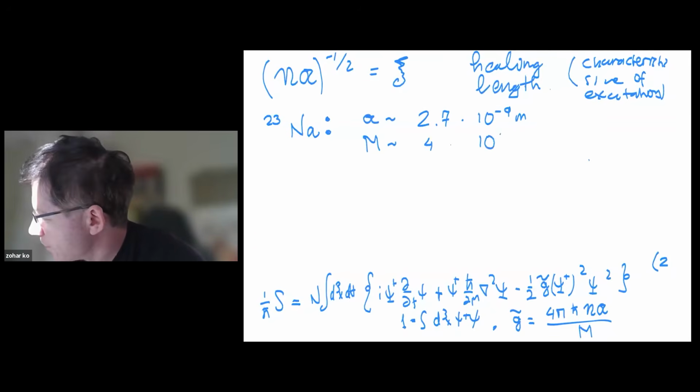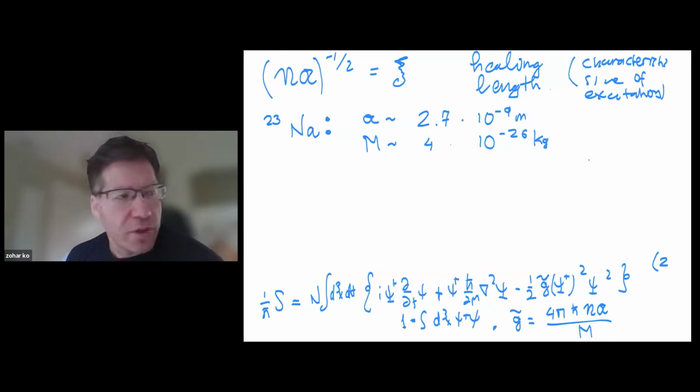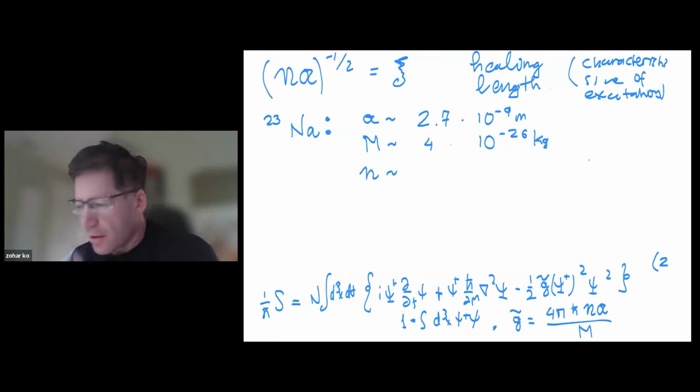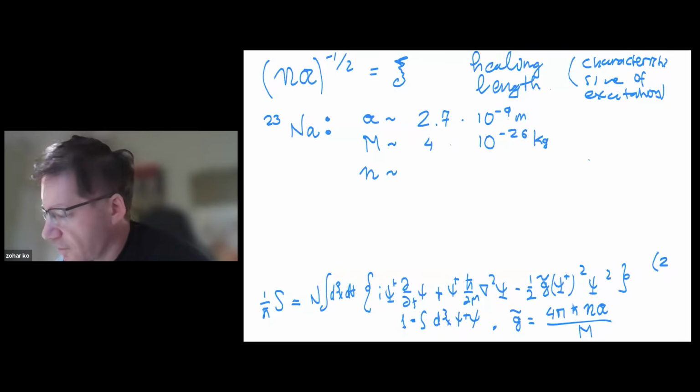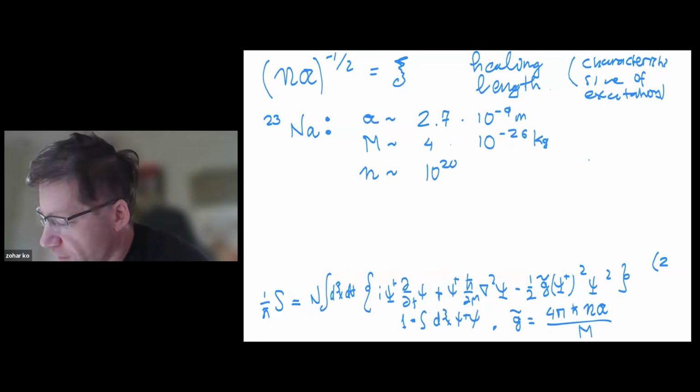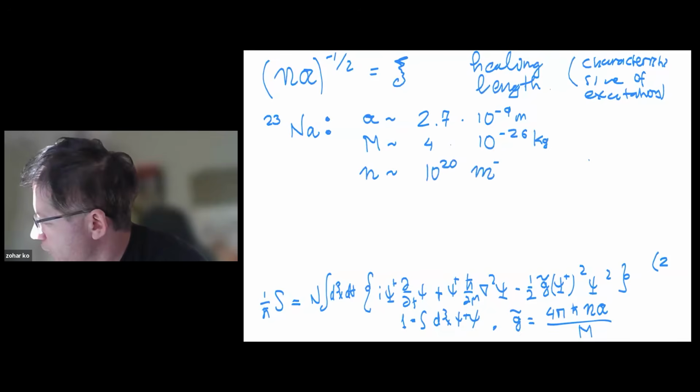Sorry, not 20. And then the density. So the density is the density that's achieved in laboratories. It's extremely dilute. It's 10 to the 20 in a cubic meter.